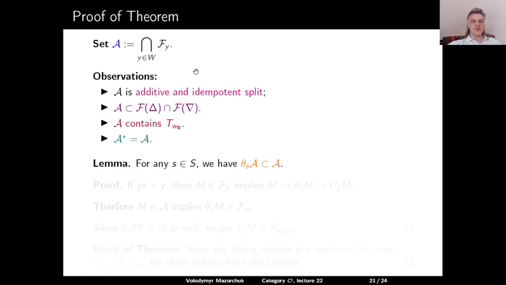A small lemma: for any S in S, the translation functor theta S preserves A. So we need to prove that theta S M belongs to this intersection.